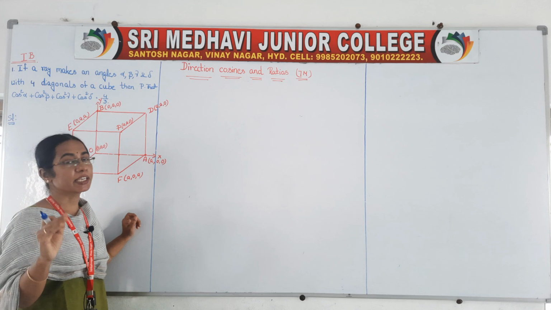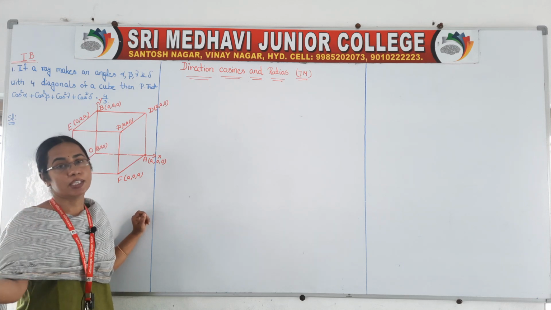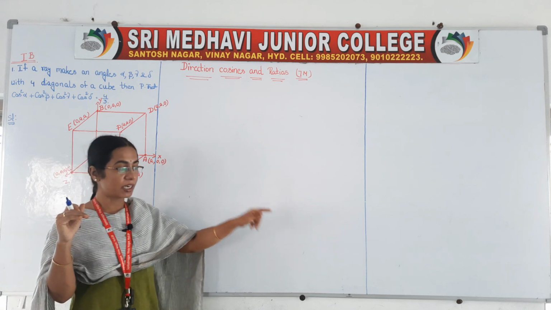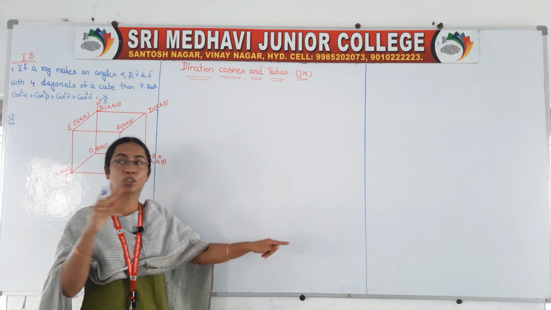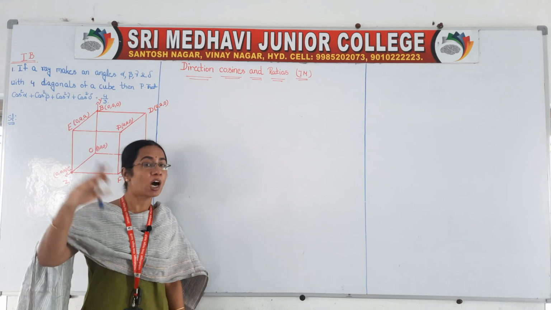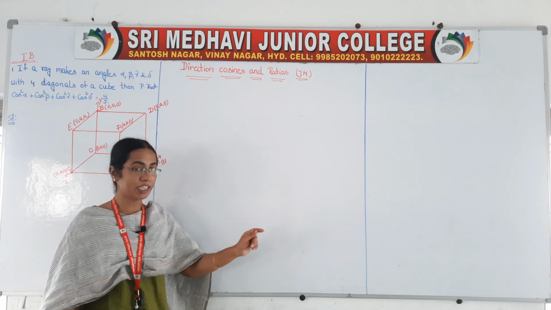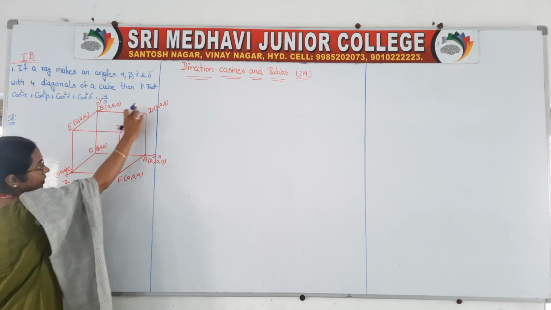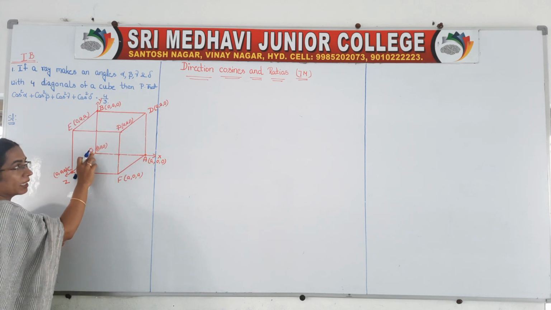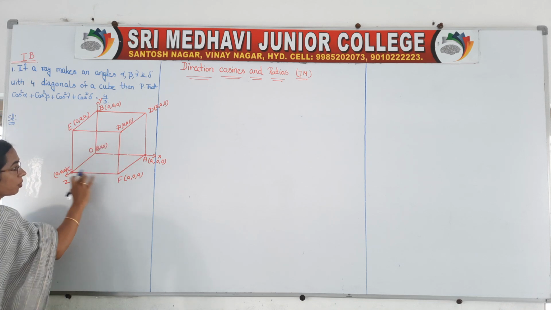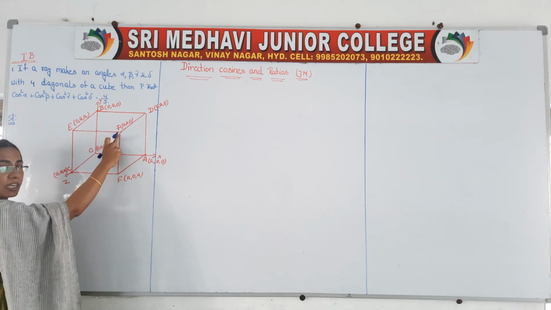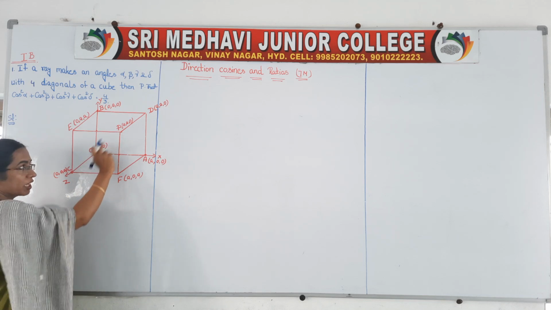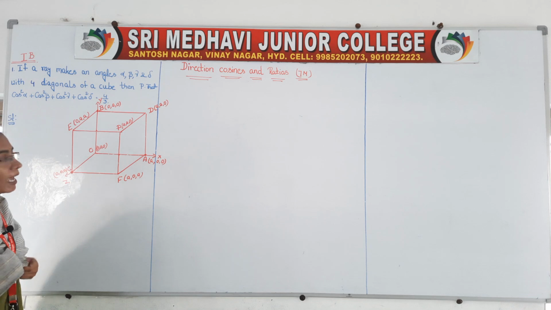How can we take the diagonals of the room or cube? Very simple. You take the downward corner of one side to the upward corner of the opposite side, then join the line. See here, O is this side's downward point, and its opposite upward point is P. If we join OP, it is called one diagonal.